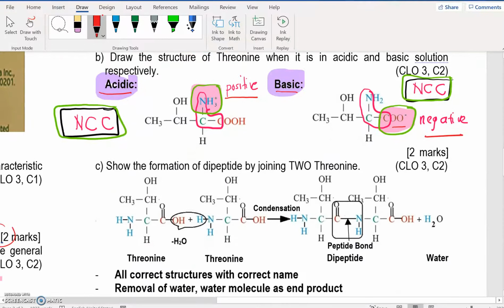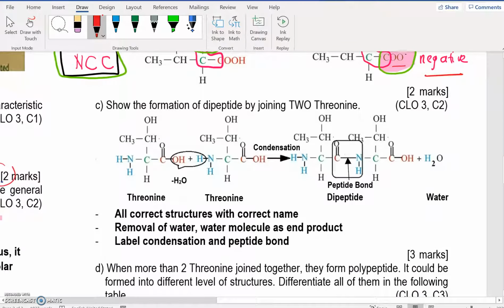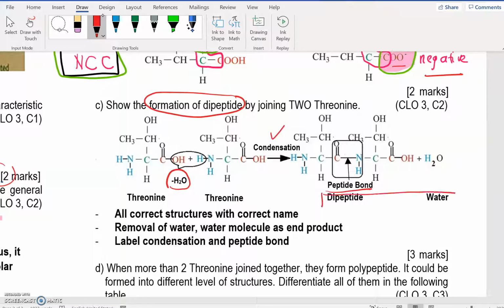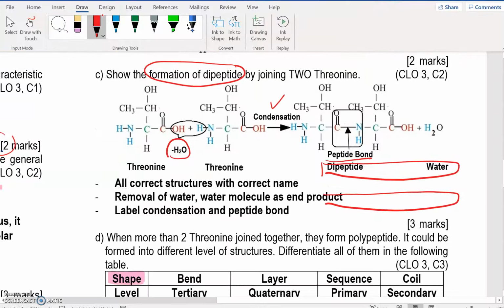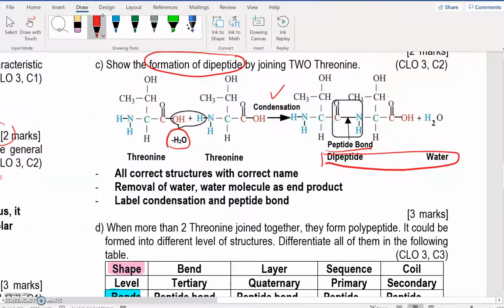For the formation of a dipeptide, you must draw threonine plus threonine, with removal of water here. The process you must mention. Must show the peptide bond and the product, the dipeptide, and water. All correct, then you manage to get 1 mark.